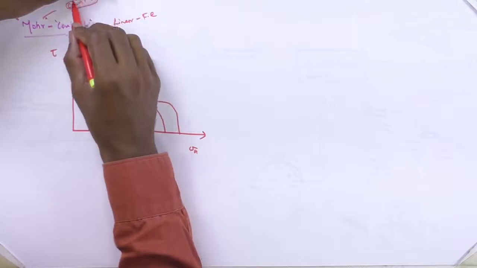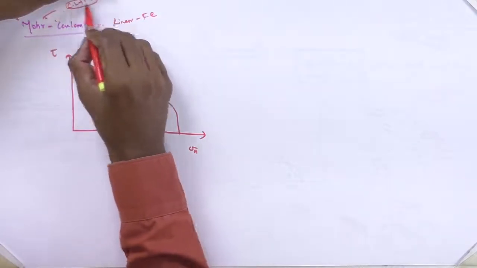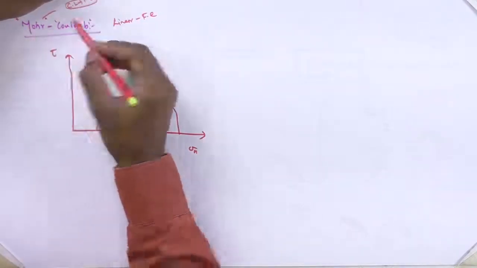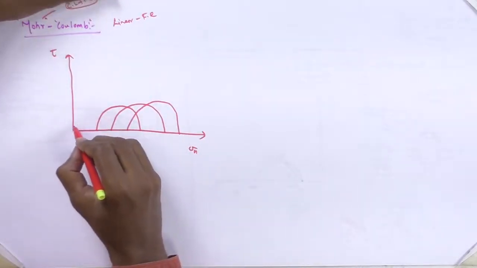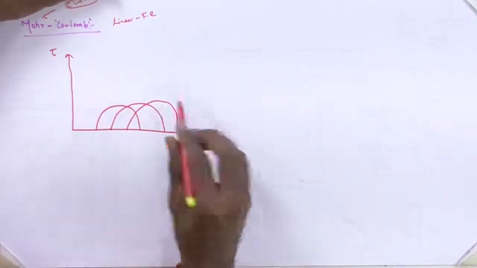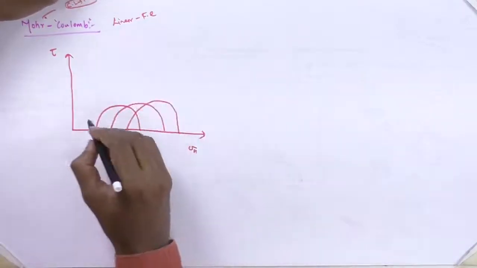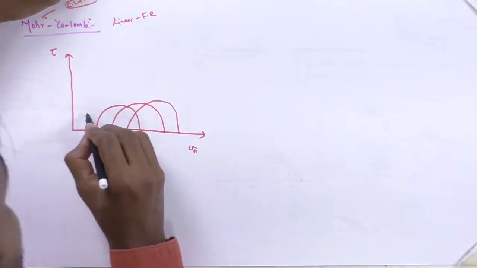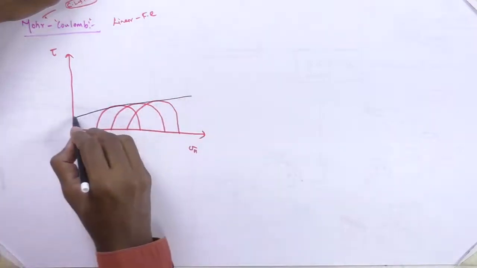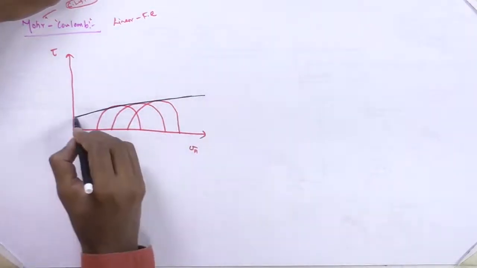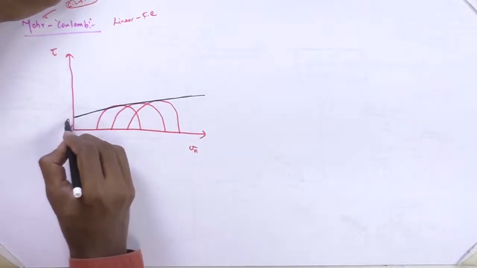But Mohr wanted to do some correction in his work, so he accounted for Coulomb's. Instead of drawing a curvilinear line, he just drew a straight line which touches this.